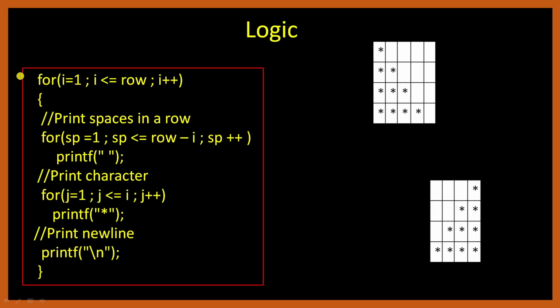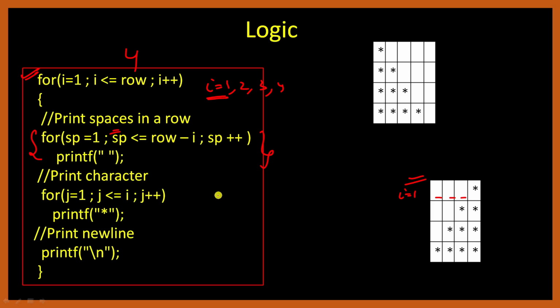My outer loop will run the same row number of times. Here rows are 4, so 4 times this loop will run: for I equal to 1, 2, 3, 4. Now if it comes for I equal to 1, or any row, first it will run the loop that prints the spaces in that particular row. So for I equal to 1, these 3 spaces should be printed.